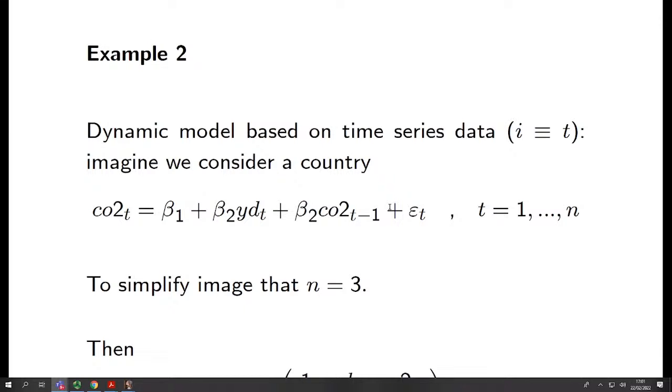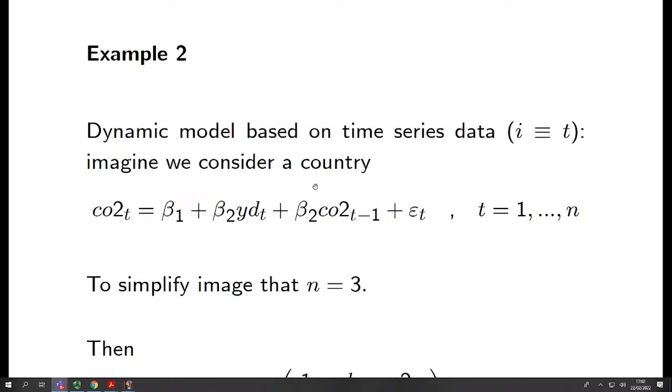It's very reasonable, if I model the dynamics over time of CO2 emission, that the CO2 emission this quarter must be somehow related to the CO2 emission in the previous quarter. And the beta 2 parameter here captures the dependence of today from yesterday. Think about consumption.